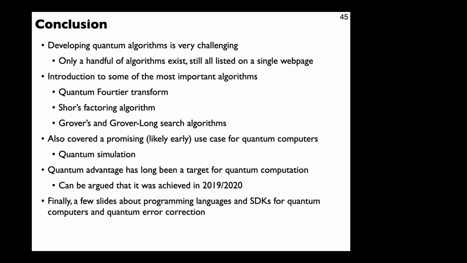Hi, Heather. Thanks a lot for the lecture. Actually, I asked the question on the chat, but I prefer speaking up because maybe it will be clearer. I'm wondering if there are any ideas or already built genetic quantum algorithms.